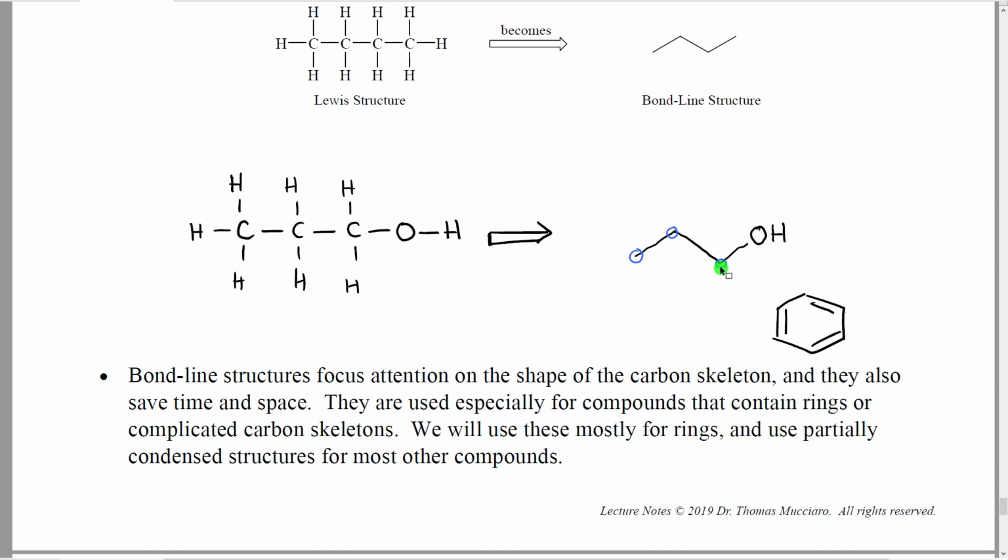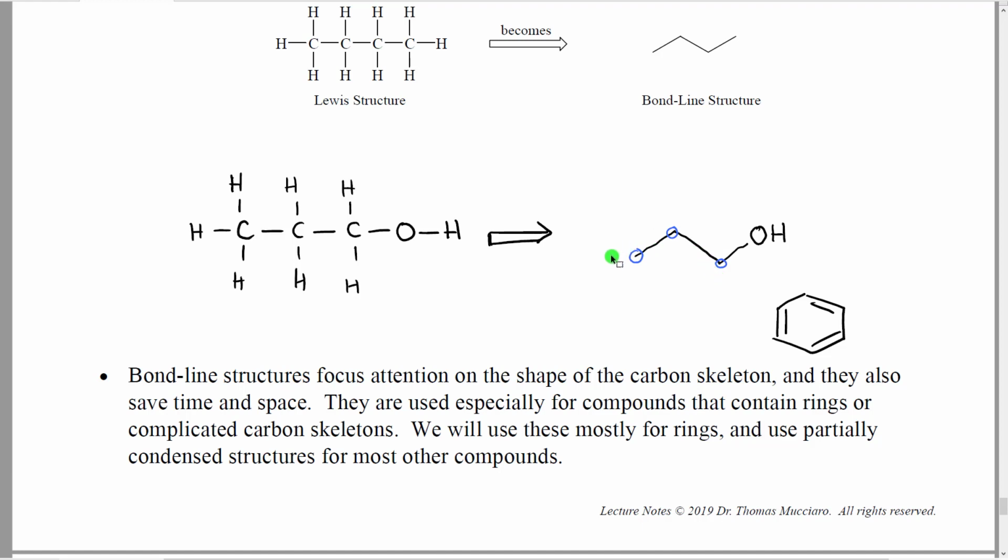In contrast to right here, which is the other end of that line, there's no symbol written, so therefore that is a carbon. These types of structures are really useful because what they do is they focus our attention on the shape of the carbon skeleton, and they also help us really quickly look at the important parts of a carbon molecule, because the unimportant parts are just going to be a whole bunch of lines.